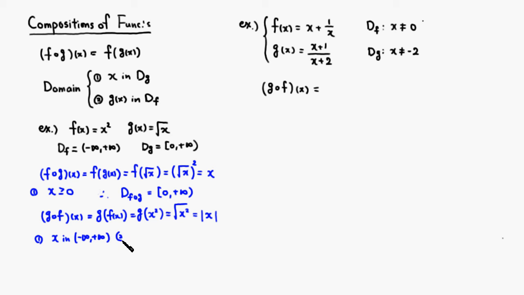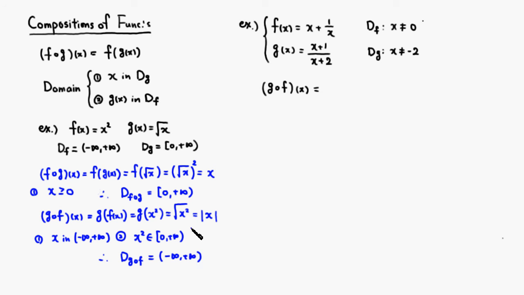And 2, we have to make sure that the inside function, in this case f of x, x squared, is in the domain of g, which is from 0 to infinity. It's already there because x squared is never negative. So there's no restriction. Therefore the domain of g of f is actually all real numbers.